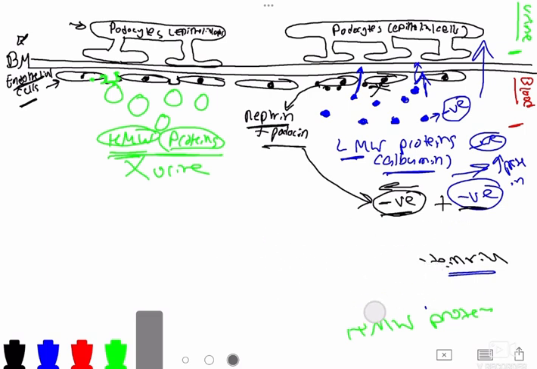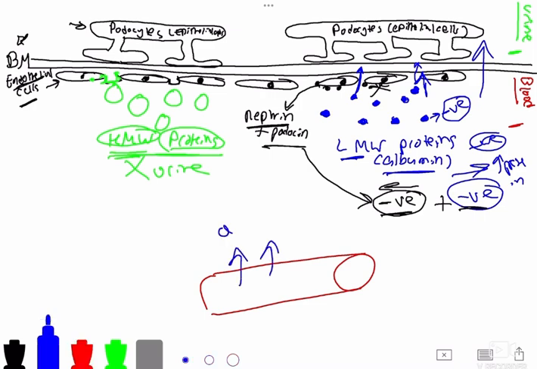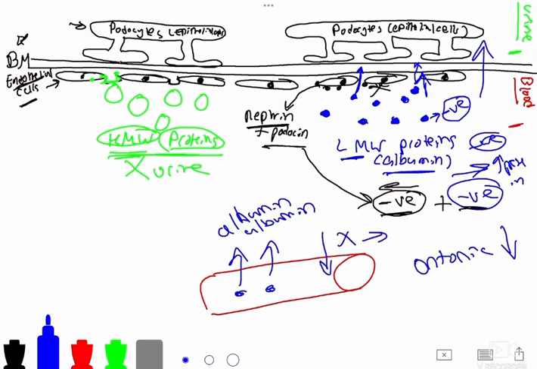Now, we did the heavy proteinuria, we did the hypoalbuminemia. Now we have two more. Yes, the generalized edema. This is quite simple. This is the blood vessel. If all this albumin is escaping, and if you remember correctly, protein is what's needed for something called the oncotic pressure. The oncotic pressure is the pulling pressure from outside the blood vessel into the blood vessel. So if this pressure is lost due to the loss of albumin, well, now what?